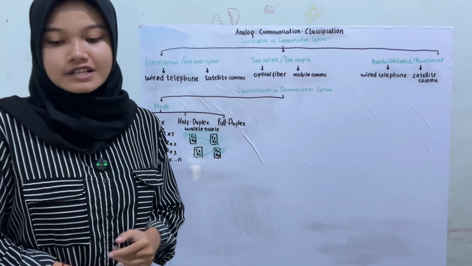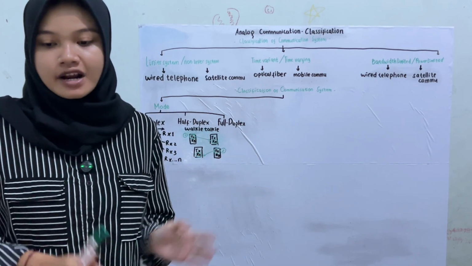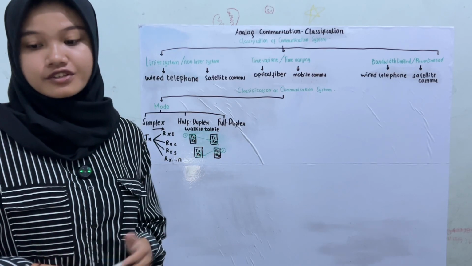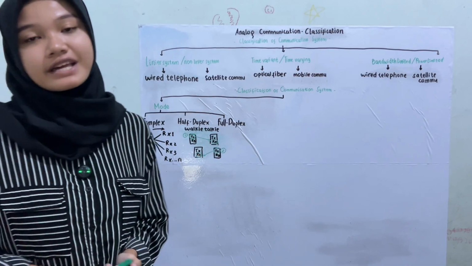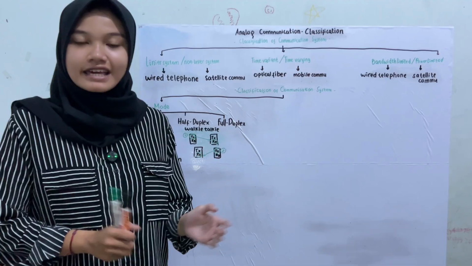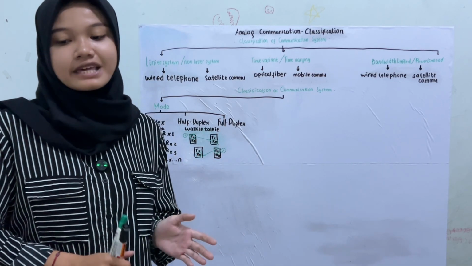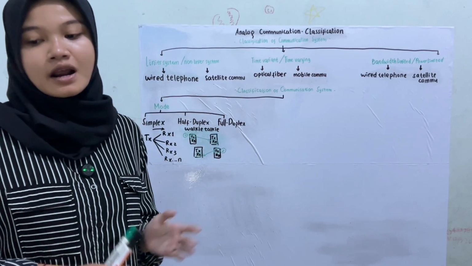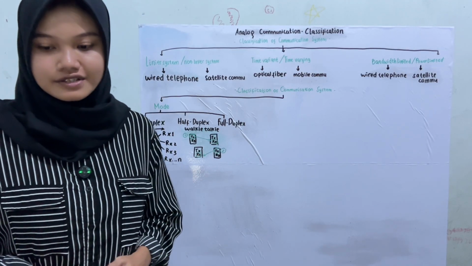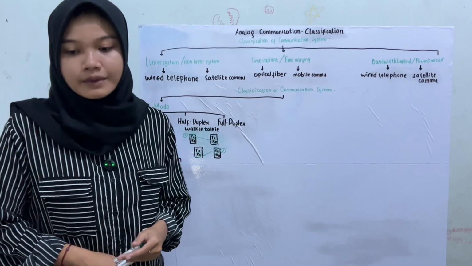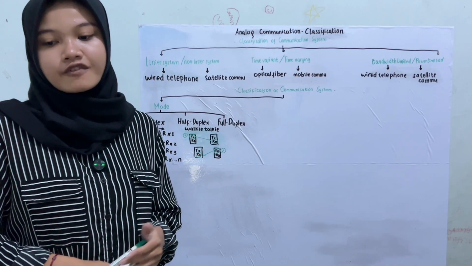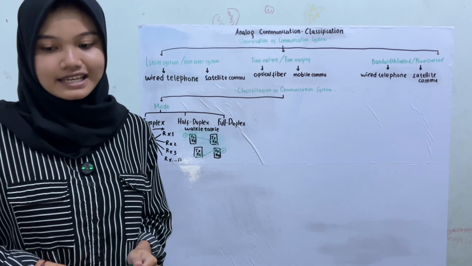When the first officer presses the push to talk button and starts speaking, the second officer can only listen. Only after the first officer finishes speaking can the second officer press the button and respond. This alternating communication prevents both users from transmitting simultaneously.